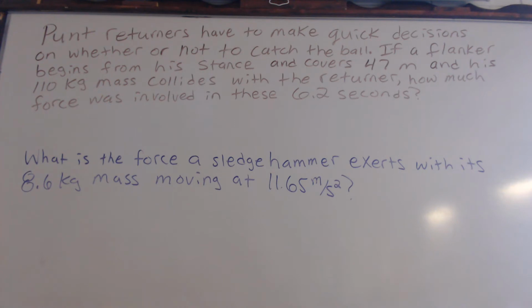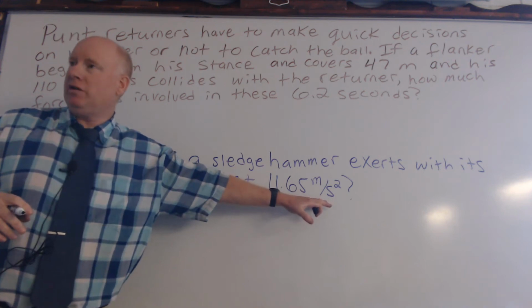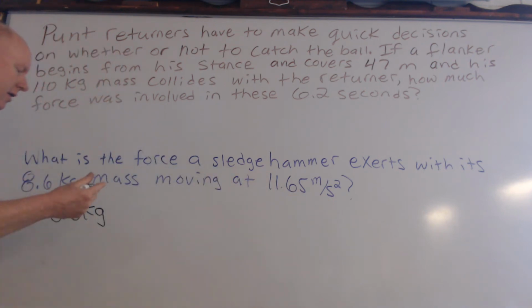Okay, so with this bottom one, you've read the problem. What is measured in kilograms? Mass. So mass equals 8.6 kilograms. What else do we know in the problem? Acceleration. Since it's measured in meters per second squared, that makes it an acceleration.